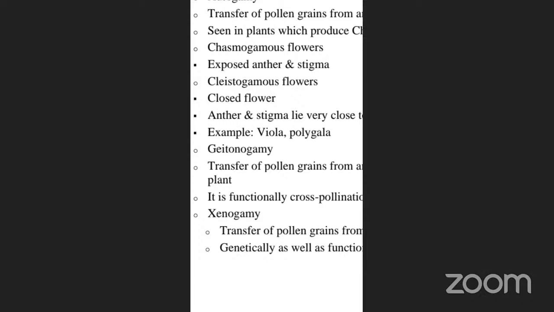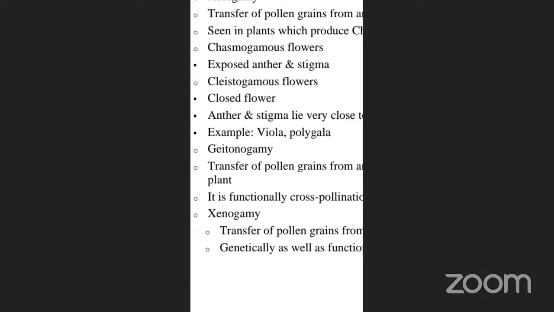That means pollen grains of one flower fall on the stigma of another flower present on the same plant. That is geitonogamy.